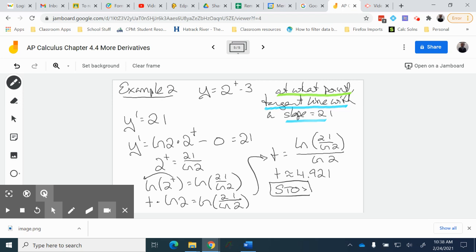You don't want to round this off right now. For the purposes of writing it down on my page, sure, writing 4.921 is fine. But I want to calculate the value of y using the full value. So if you type STO and then use the answer function, it will store the whole number into your calculator register.